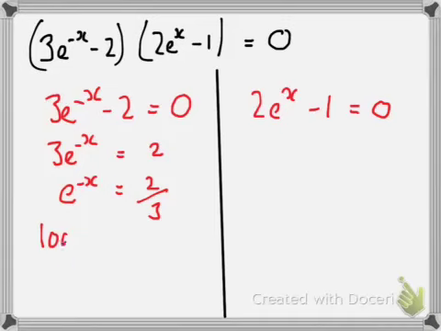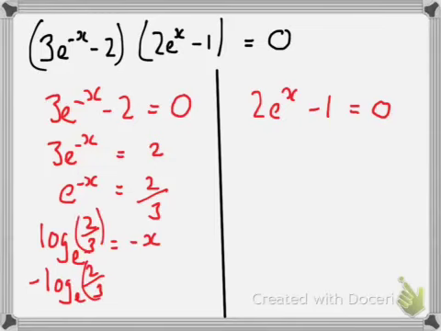So log e to the power of negative x equals 2/3. Now if I get x by itself, I divide through by negative 1, which means that negative log 2/3 to the base e equals x. What I've done in that last step is just divide through by negative 1.